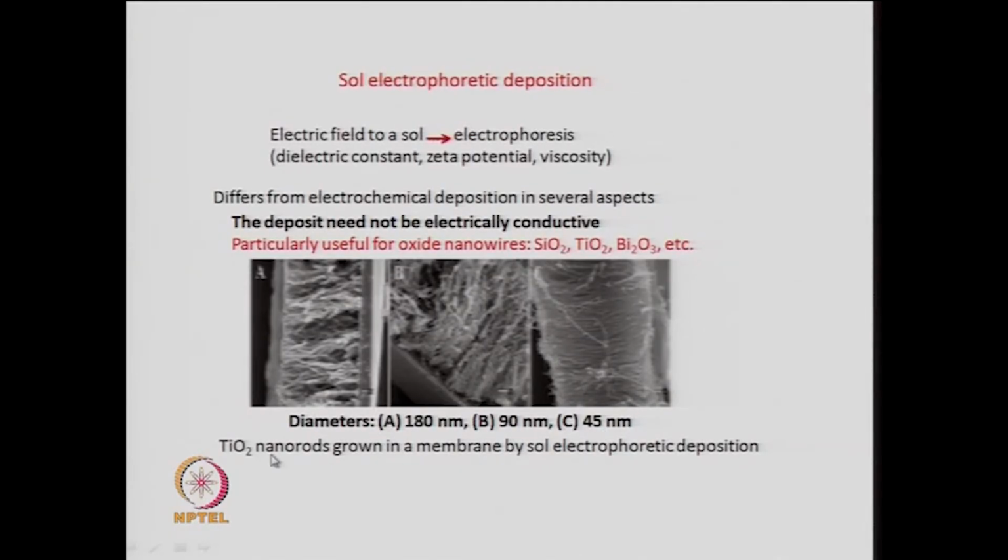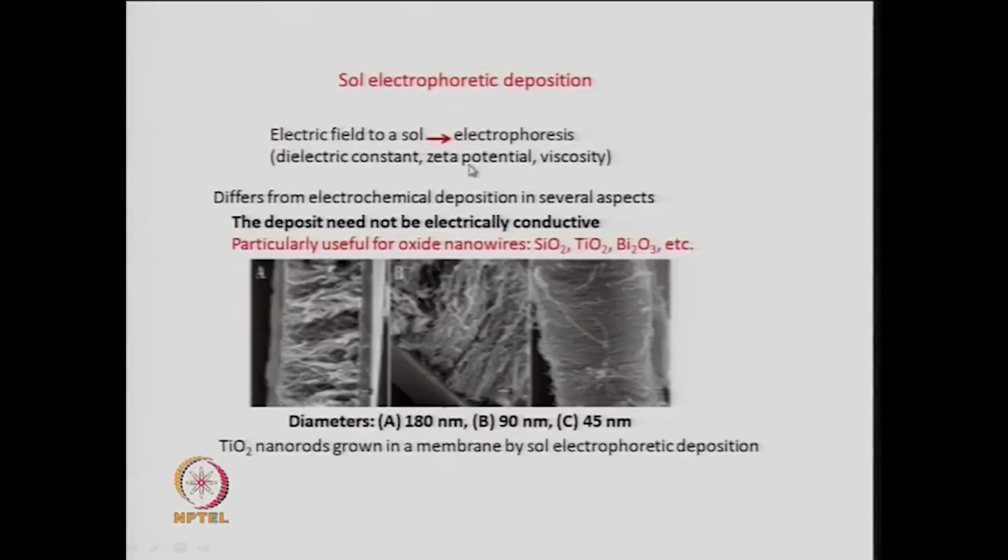So, these are all examples of titania TiO2 nanorods grown in a membrane by Sol electrophoretic deposition, where you control the electrophoresis and you make the deposition by moving the ions in the presence of an electric field, and the movement of the ions and the charged particles in an electric field is controlled by the dielectric constant, the zeta potential, and the viscosity, and by controlling them you can control the deposition rate, etc., and so the thickness of the nanowire.